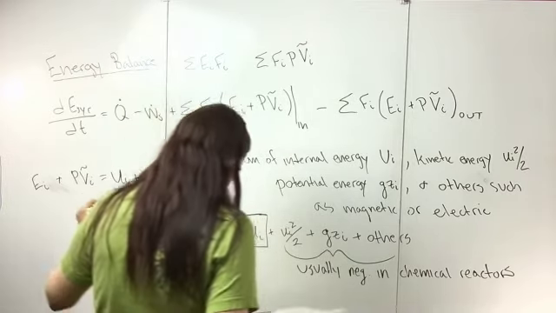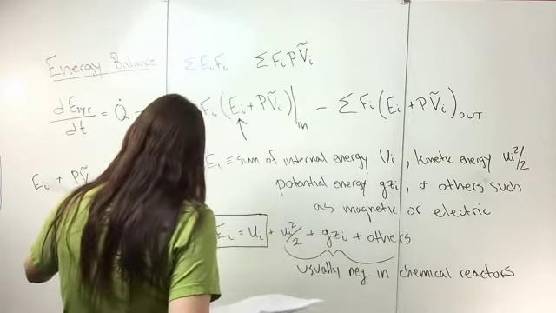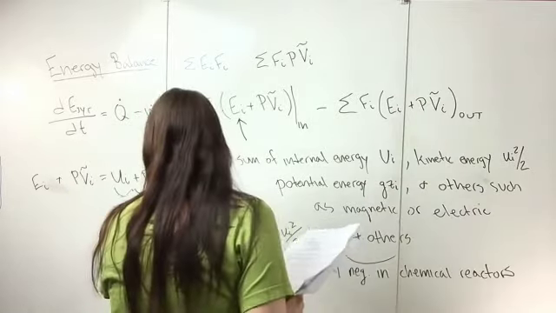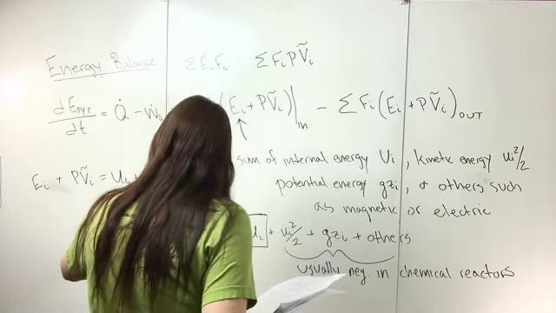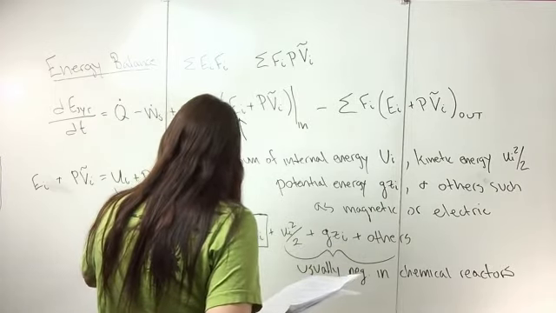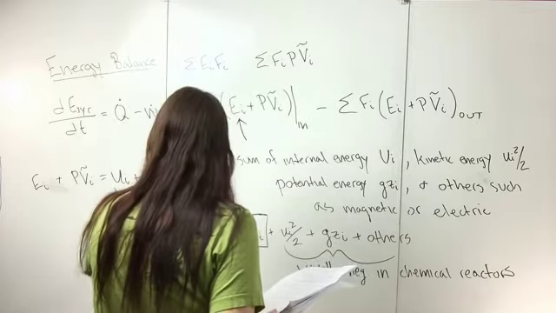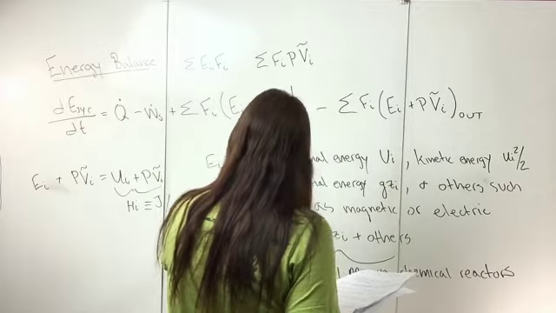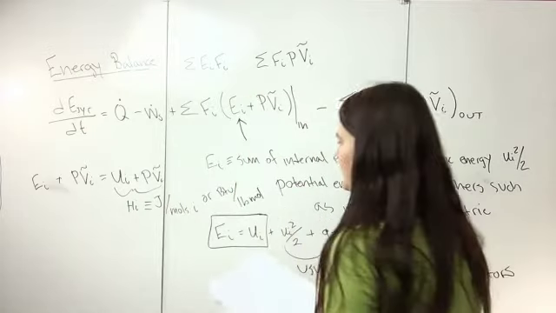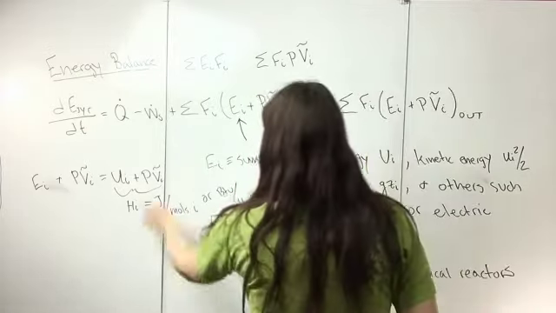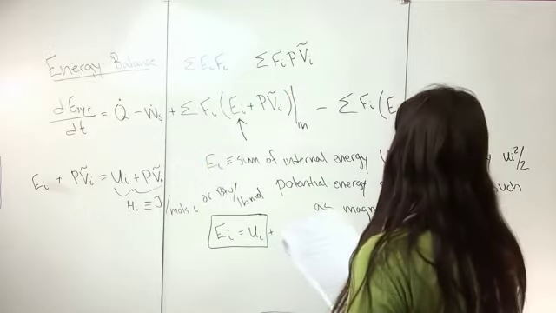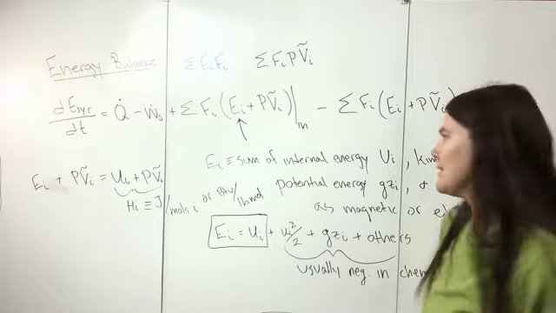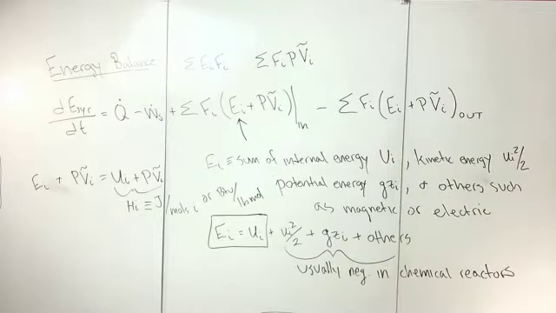This is the enthalpy, so this is equal to Hi. And the units for this are joules per mole of i, or this could also be BTU per pound mole. So then if we substitute enthalpy in for this, we can rewrite this equation in a slightly simpler form, and I'm going to erase some stuff real quick and do that.